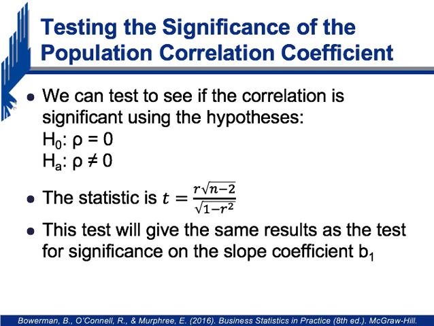So the test statistic is given by this formula, that's r times the square root of n minus 2 over the square root of 1 minus r squared. So this test will give the same results as the test for the significance of the slope coefficient b sub 1. But again, it's just another way for us to test if there is really a statistically significant relationship between x and y.